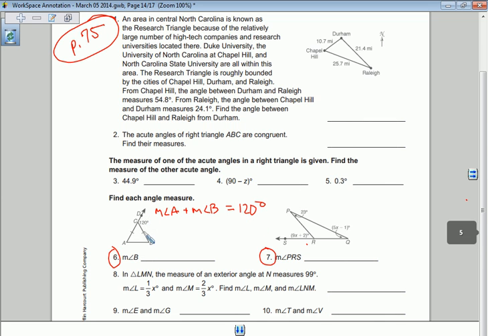This is my exterior angle. A and B were my two remote interior angles. But because this is marked as what kind of triangle? Isosceles. What do we know about an isosceles triangle? All sides are equal. That's equilateral. Oh yeah. Isosceles, we're going to have base angles that are the same. So whatever one is, the other one is too. So what are they both? 60.